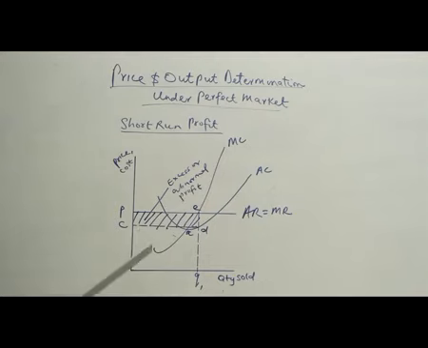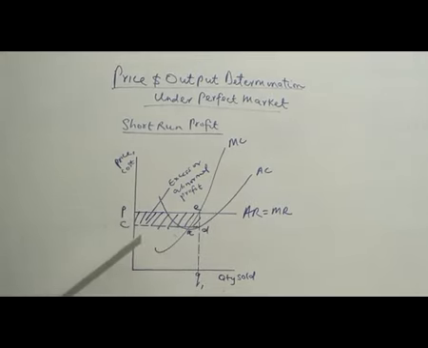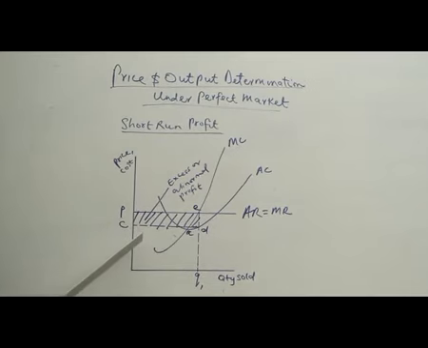But we want to look at cost in relation to revenue of the firm in order to determine the profit. This is our price here. That is PE is our price. But our cost, that is cost per unit, average cost, will be what? CD. So if price is greater than cost per unit, then there is profit.